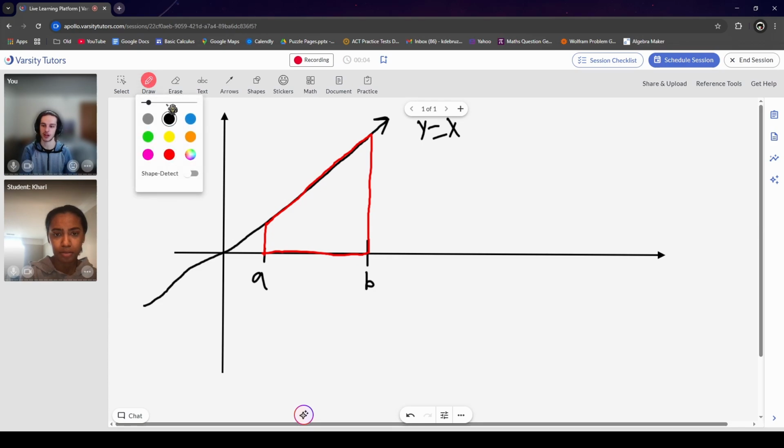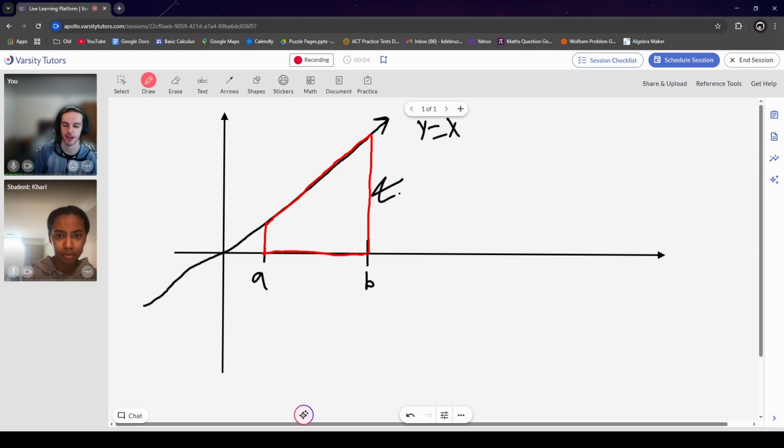We could do this if we know how to calculate the area of a trapezoid, because that's what this shape happens to be. But let's say it was some other function where we don't know what the shape is. We would use calculus to find this area.